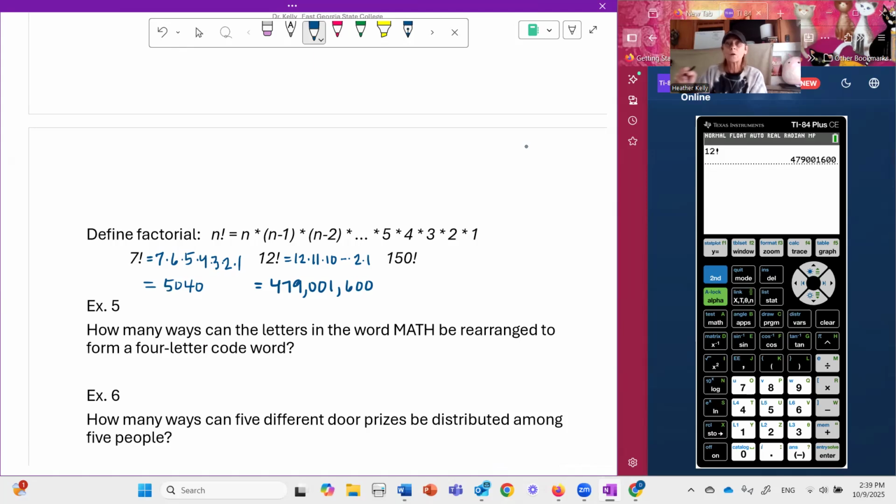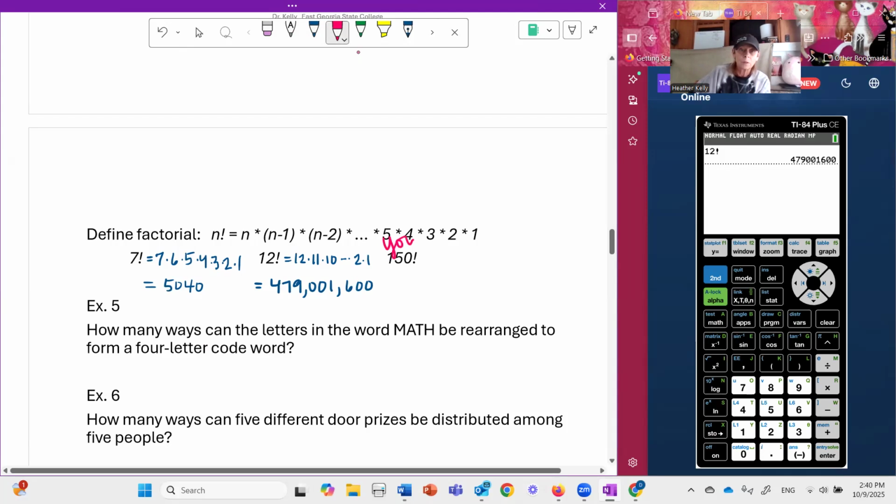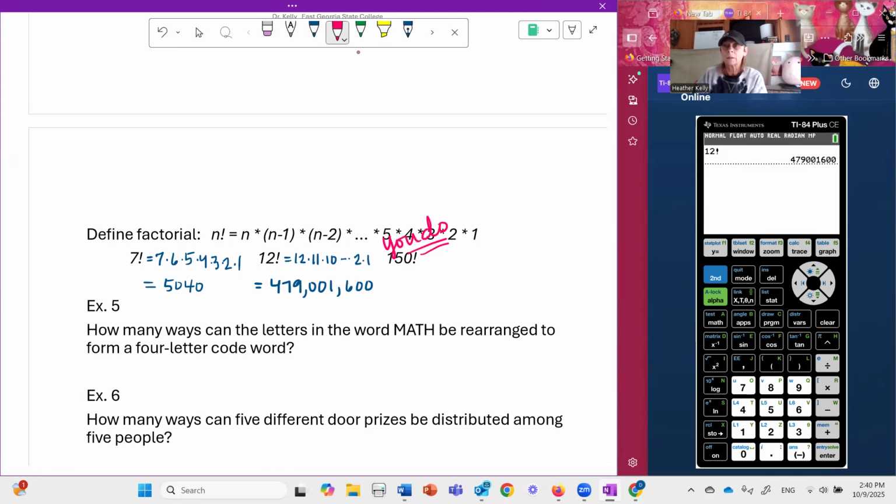Okay, so pause the video right now, and go ahead and get your calculator up on screen or get it out of your bag or off your desk or whatever. And I want you to see what 150 factorial is. I'm going to have you do this, but I'm going to tell you that I'm doing you a trick. I just want you to make sure that you know how to do it.